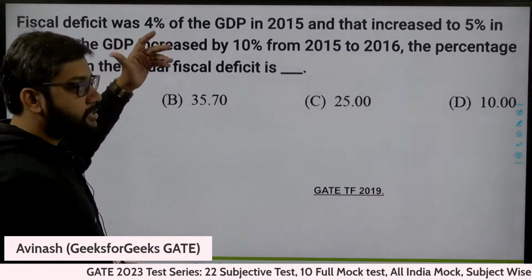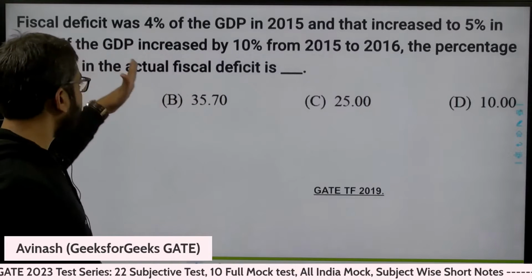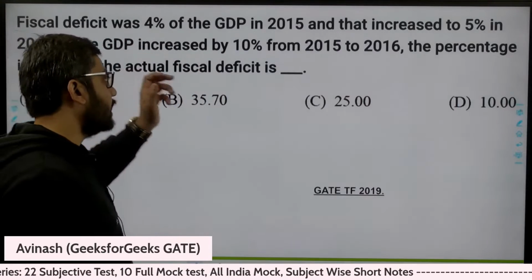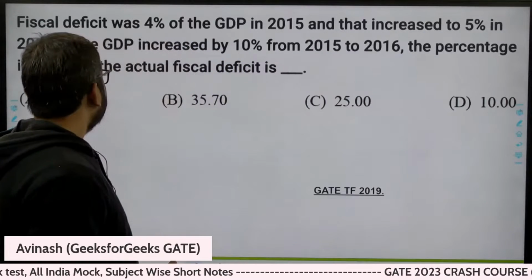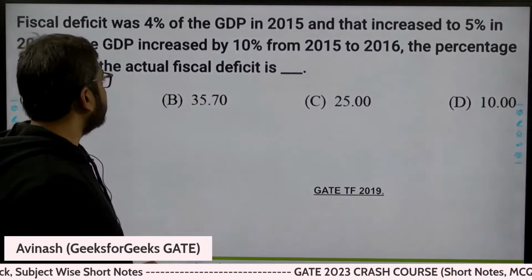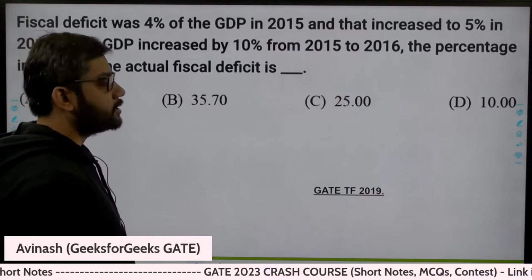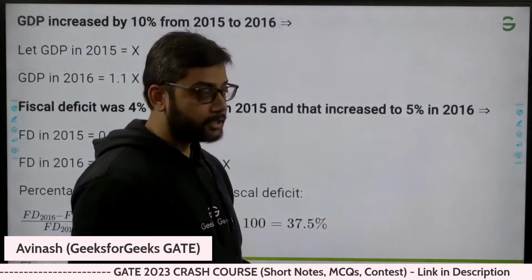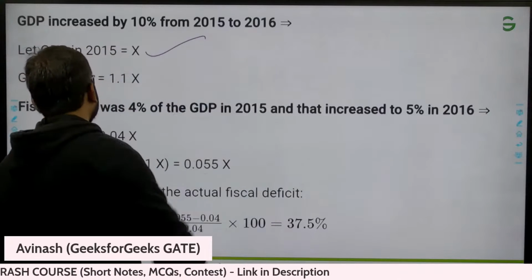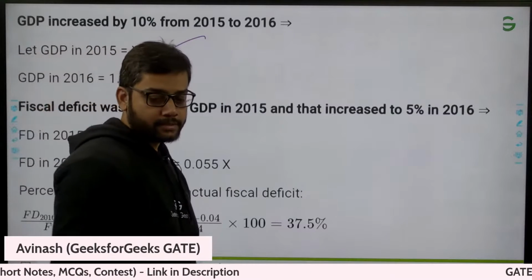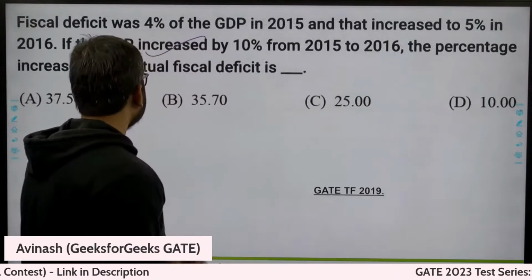FD was 4% in 2015 and increased to 5% in 2016. The GDP increased 10% from 2015 to 2016. So I'm assuming that in 2015 the GDP is X. Why have I assumed this?